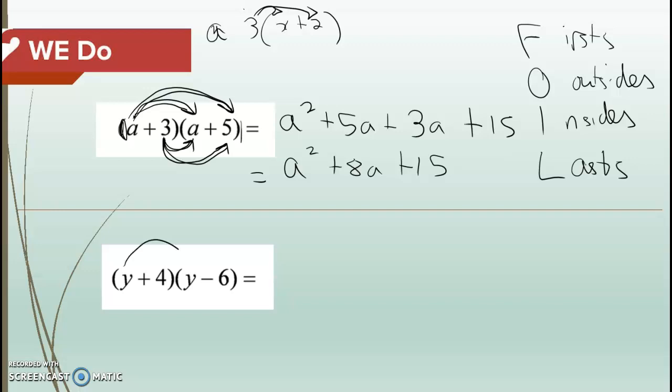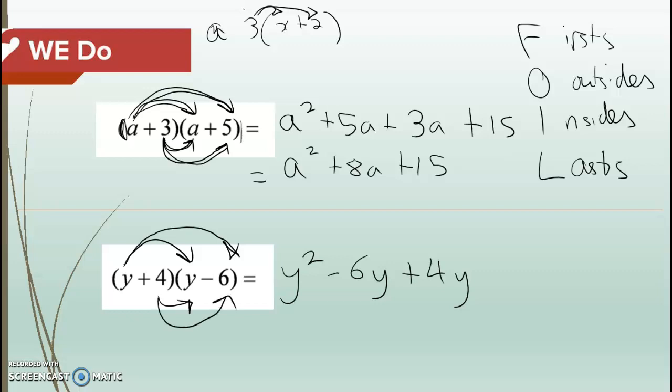So firsts, y squared, outsides, y times minus 6, minus 6y, insides, 4 times y, and last, 4 times minus 6.